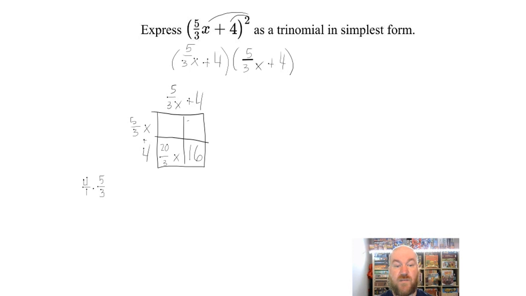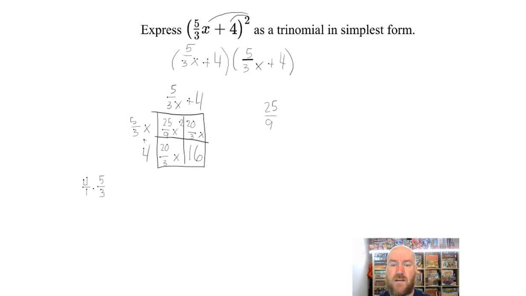This will also be 20 over 3 x because it's the same multiplication problem, 5/3 x times 4. And then this one, 5/3 times 5/3 would be 25 over 9, and x times x is x squared.